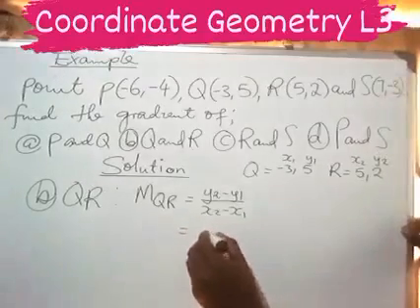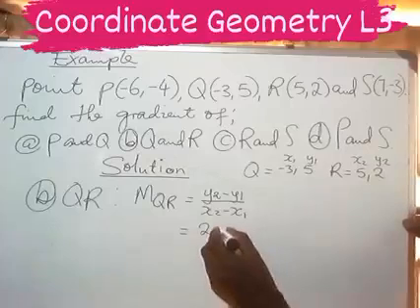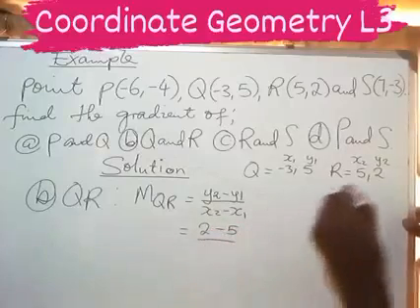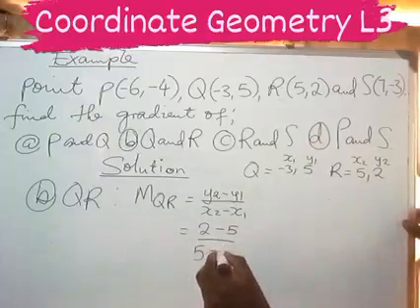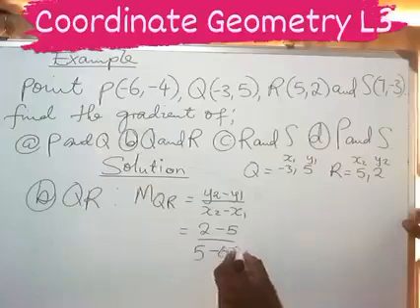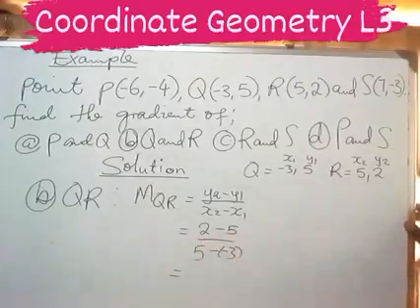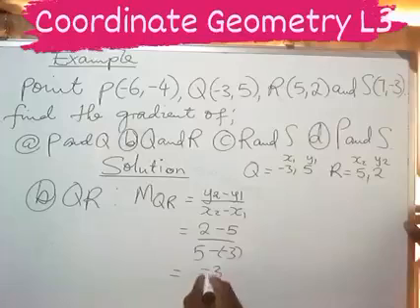So we are going to have 2, this is our y2, minus 5, over 5 for x2 minus negative 3. So this will be 2 minus 5, we have negative 3.